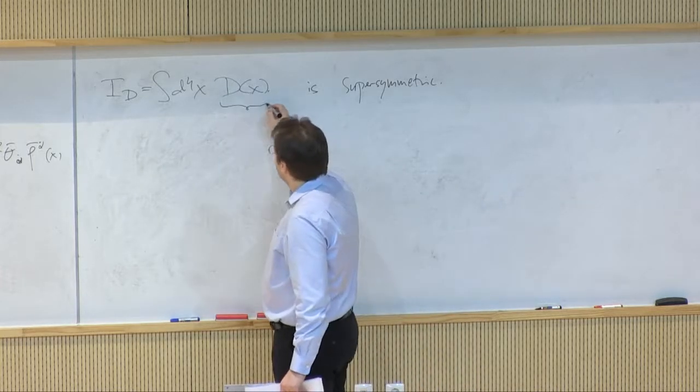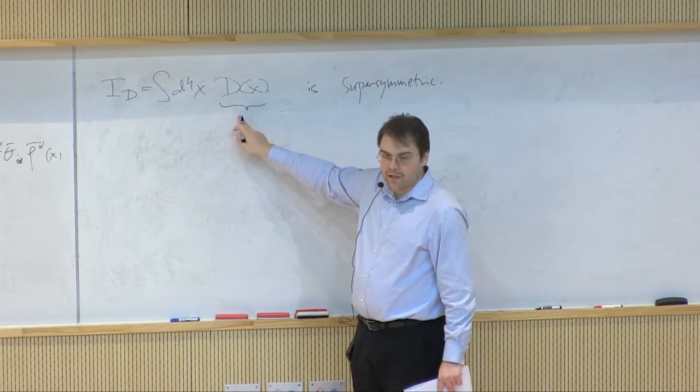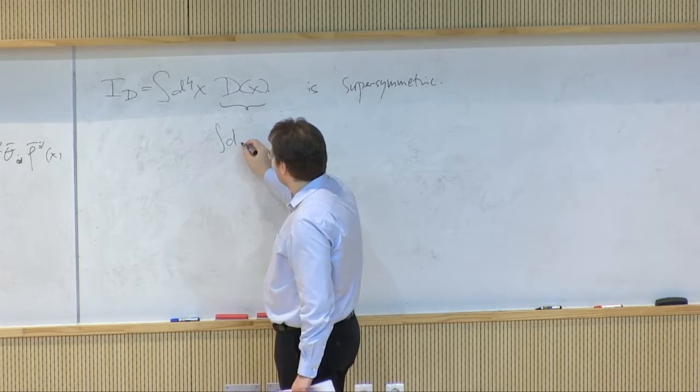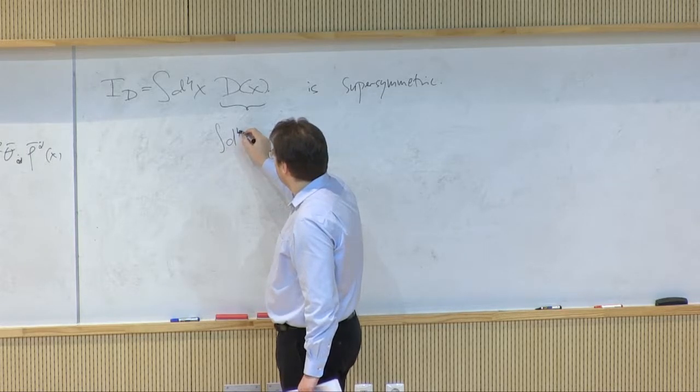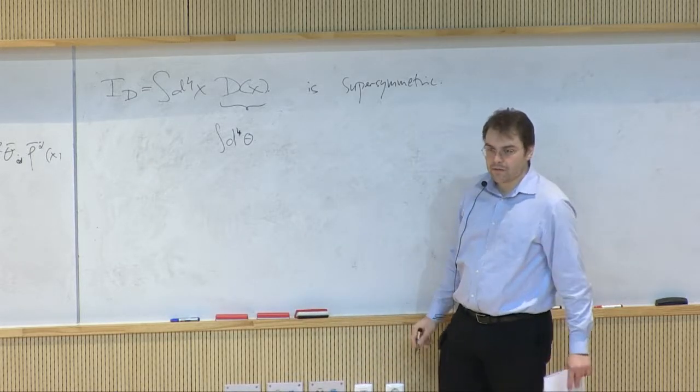In superspace, the way you pick out the D component of a superfield is by doing an integral. Okay? So remember that if you do Grassmann integrals, they effectively pick out coefficients of Taylor expansions.